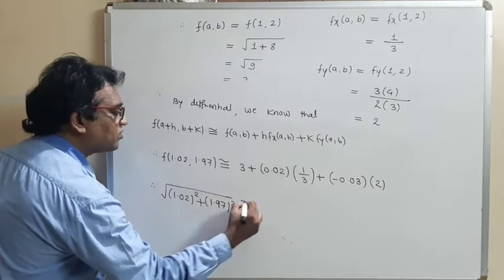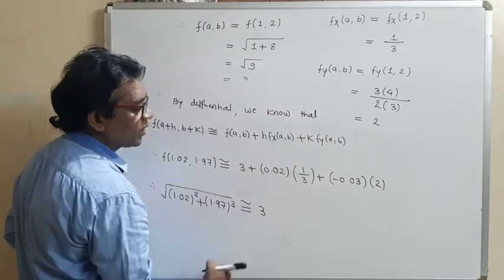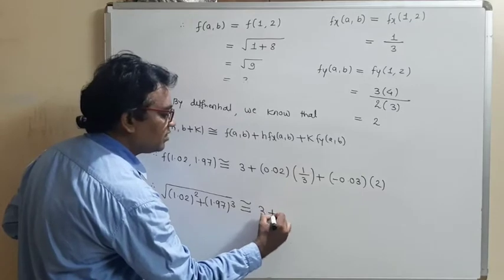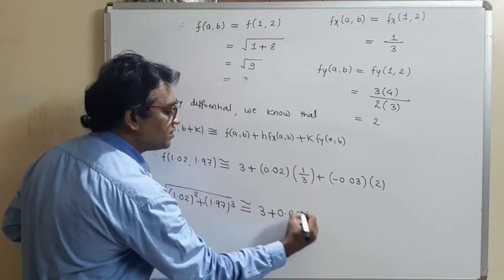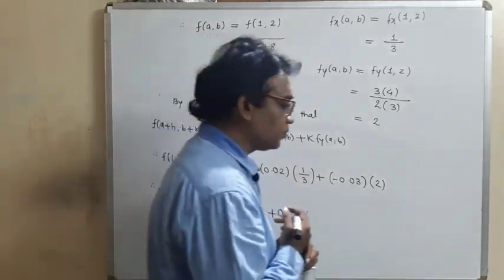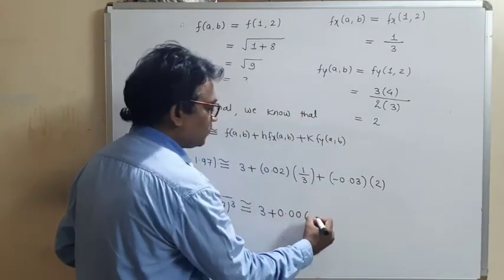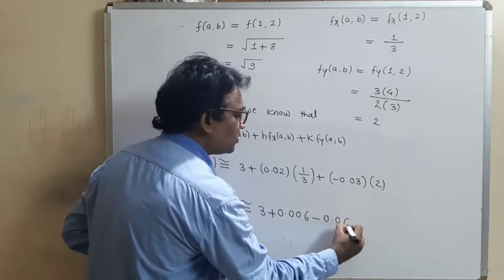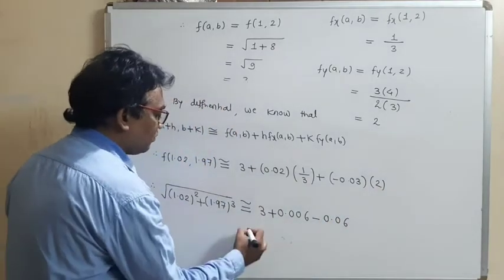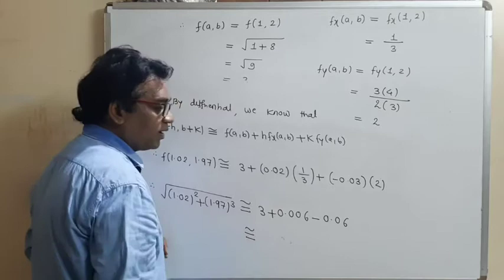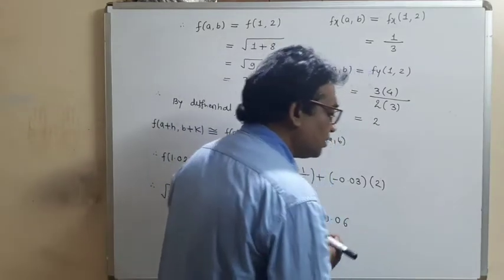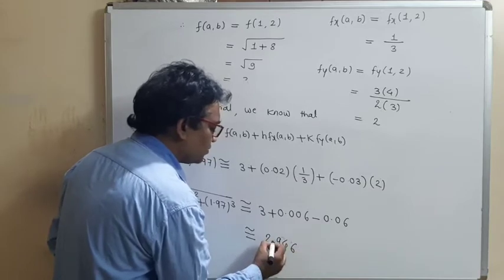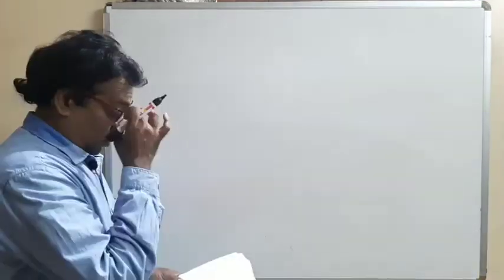So this is approximately equal to 3 plus 0.02 divided by 3, so this is near about 0.006, minus 0.03 into 2, so this is 0.06. So what is the final answer? This addition is 2.946. So this is our final answer.